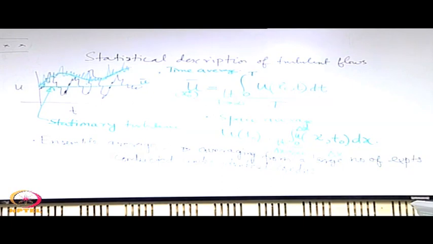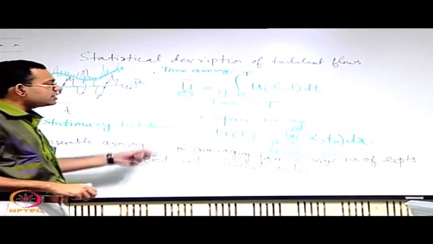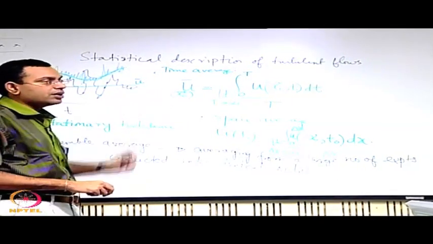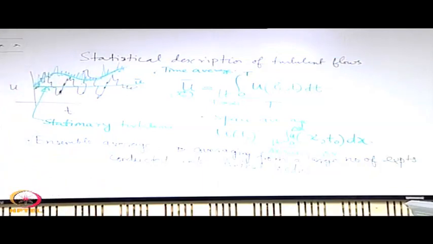When you say averaging from a large number of experiments conducted under identical conditions, we will also try to understand the implications of this averaging and the relationships with time averaging and space averaging for certain special cases. We will come to those special cases subsequently.